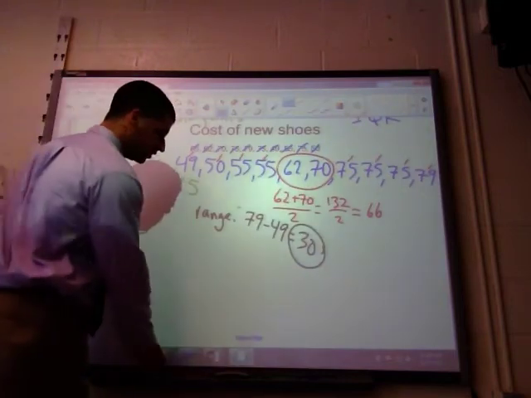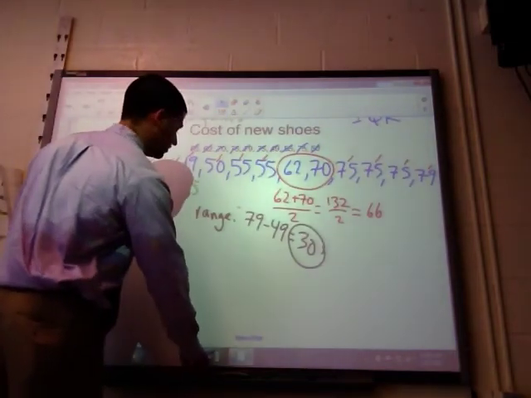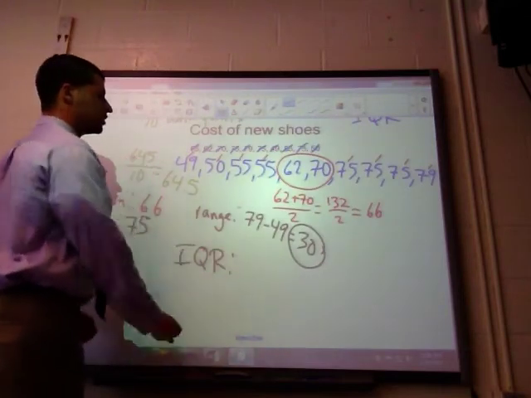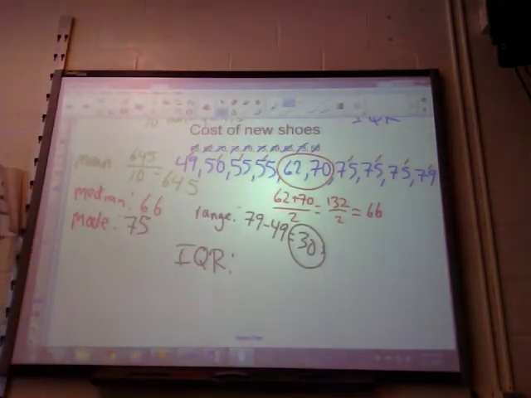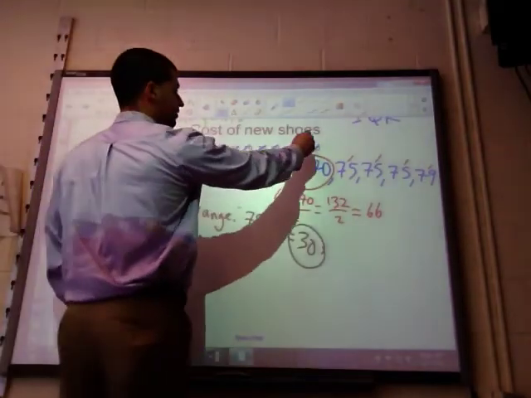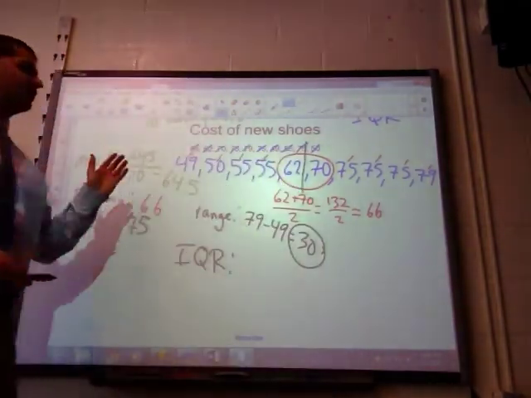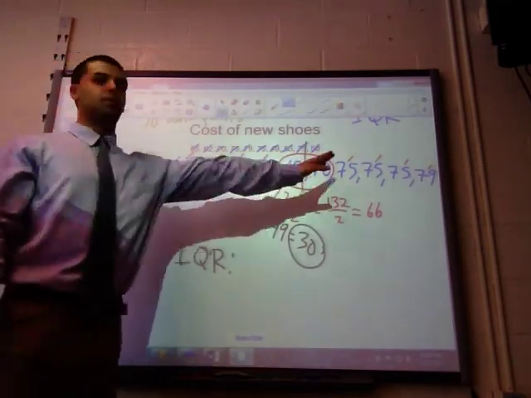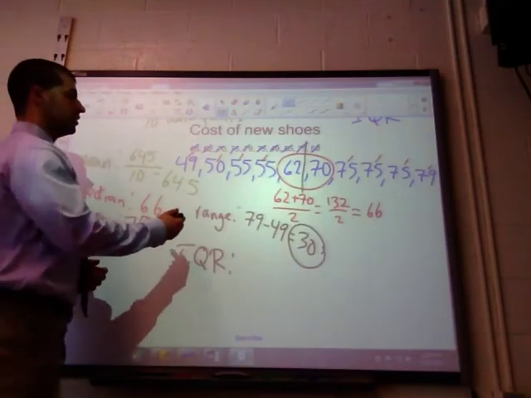Last piece of information we're looking for here is our interquartile range. So what we need to find is quartile 1 and quartile 3. Right now, if we split this data in half, so 5 on each side, because when we have 2 points in the middle, we put one on the bottom, one on the top. And we find the median in the lower and the upper half.